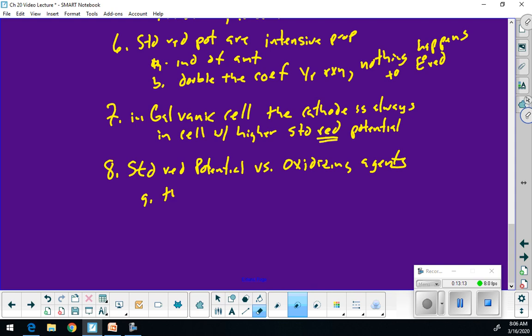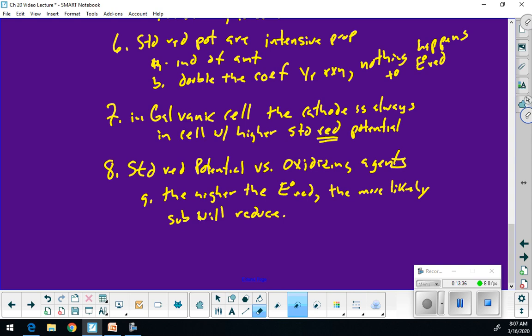The higher the standard reduction potential, the more likely the substance will reduce, which means it will cause something else to oxidize.